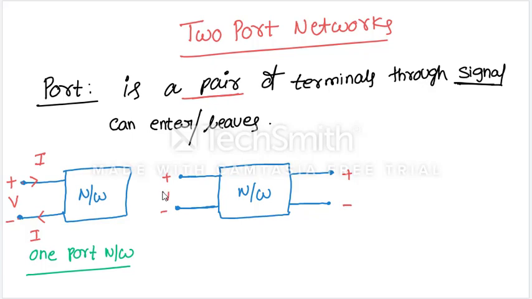If I call this voltage V1 and this entry current I1, whatever current is leaving from the positive terminal, the same current has to return to the negative terminal. That is the law of conservation of charges. If I call this voltage V2 and this entry current I2, whatever current is leaving, the same current has to return. This is I2 returned.